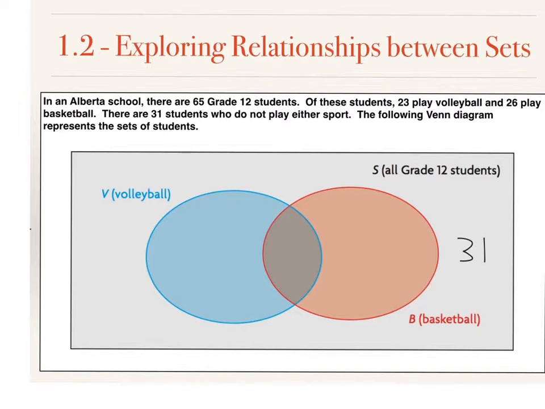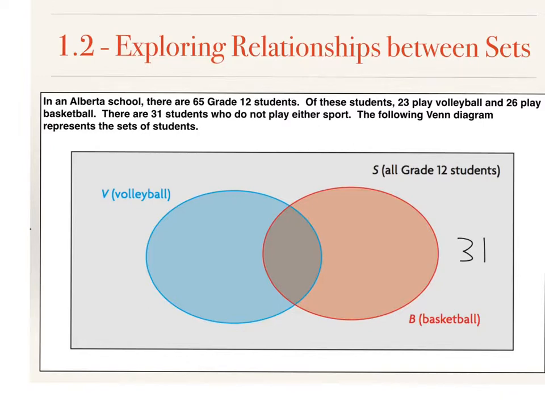So there's 31 who don't play either sport. How many other students are there left in grade 12? There are 34 other students. Feel free to jump in when you know it.